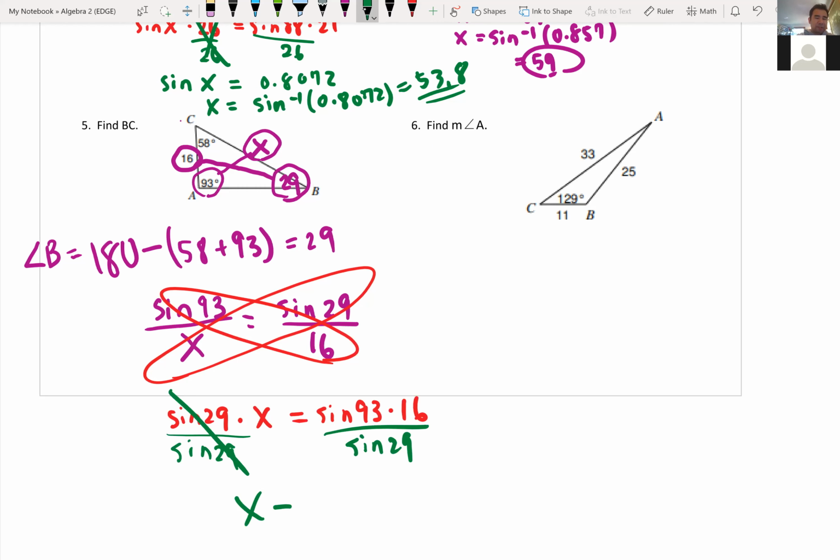So x equals sine of 93 times 16 divided by sine of 29. That's 32.95, so rounded off, 33.